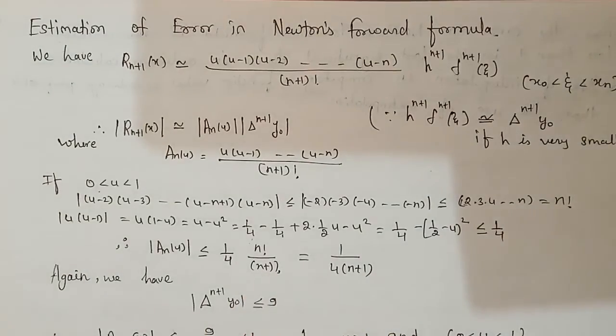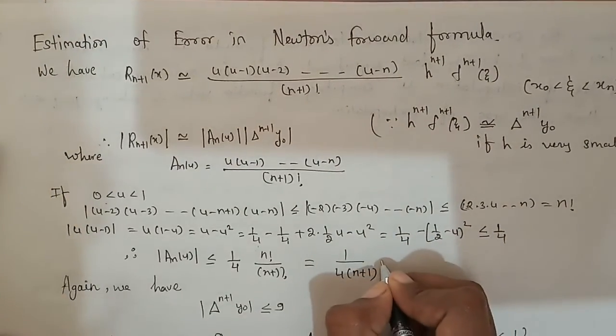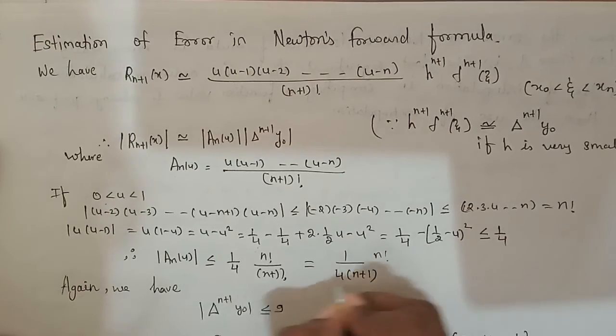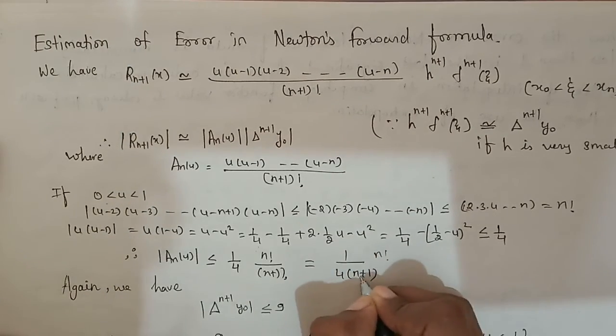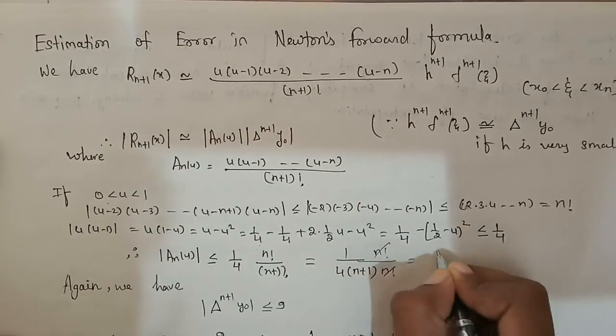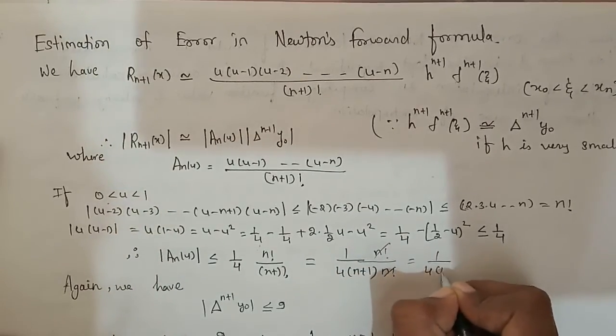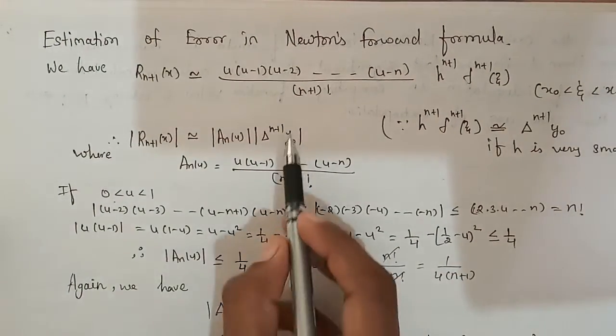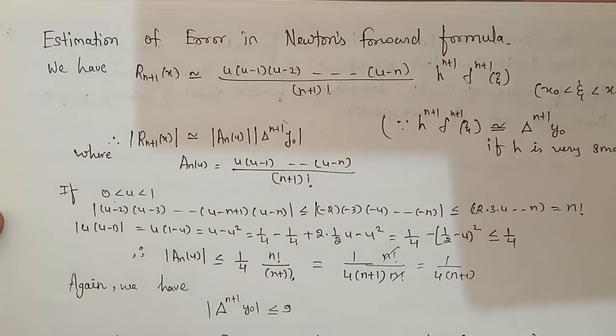Now we can simplify this: n factorial remains as it is, and (n+1) factorial can be written as (n+1) times n factorial. So n factorial gets cancelled, leaving 1 upon 4(n+1). Now only one value is left to calculate: delta to the power n+1 y0 is always less than or equal to 9.